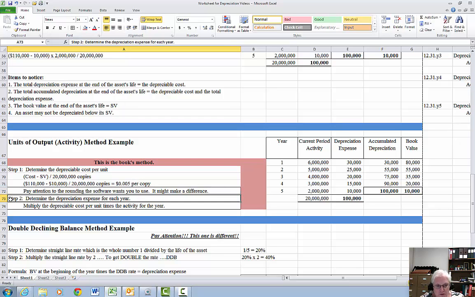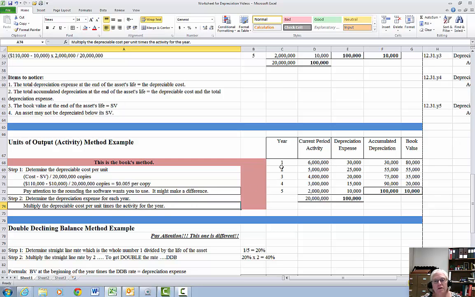So step 2 is to determine the depreciation expense for the year. To determine the depreciation expense for the year, I'm going to multiply the depreciable cost per unit, that half-cent, times the activity for the year.